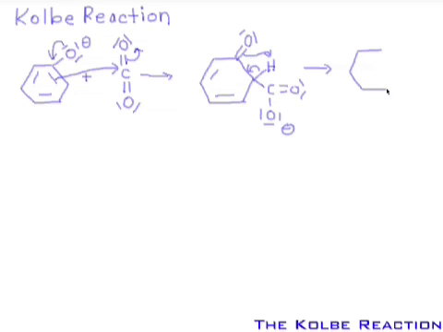And we produce an OH, restore our pi bond, our aromatic ring is restored, and we have C double bond O, O minus. Okay.